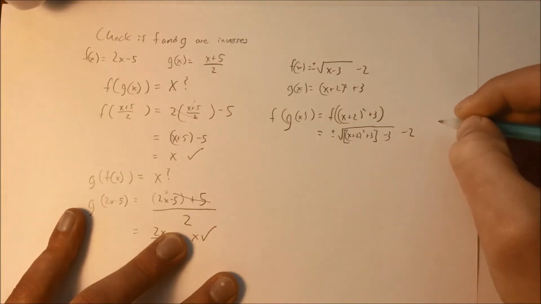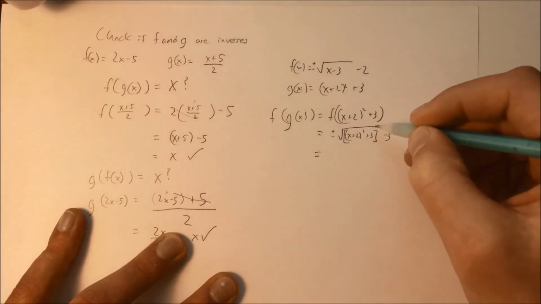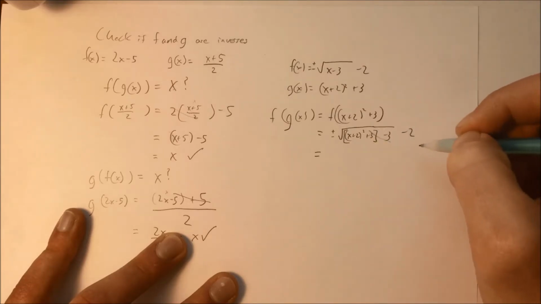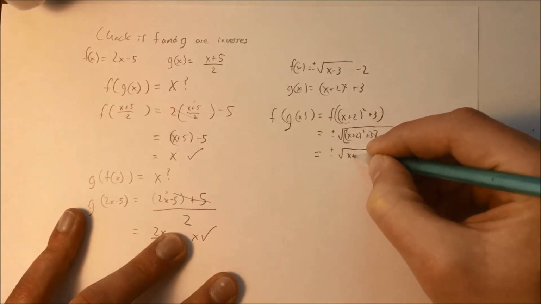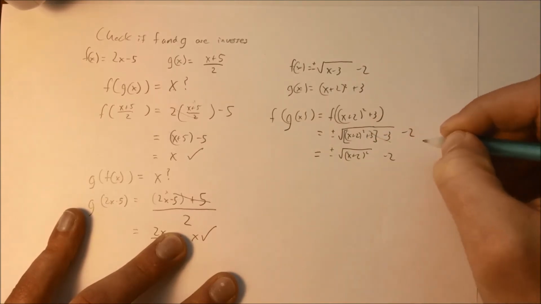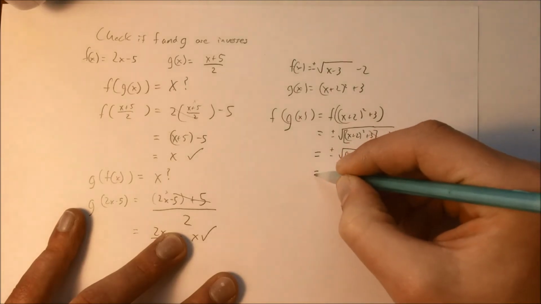I got minus 2. Well, let's see here. If I take the positive 3 and the negative 3, those are going to cancel out. I get plus or minus the square root of x plus 2 squared minus 2. Well, if I'm squaring a square root, those should undo each other as well.